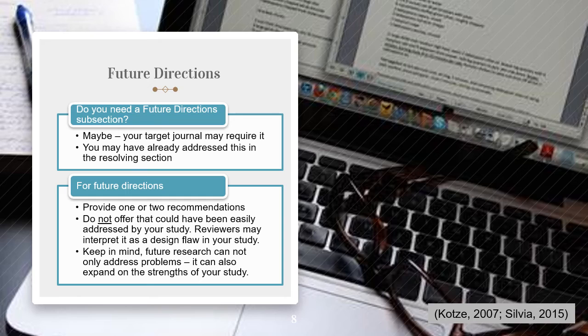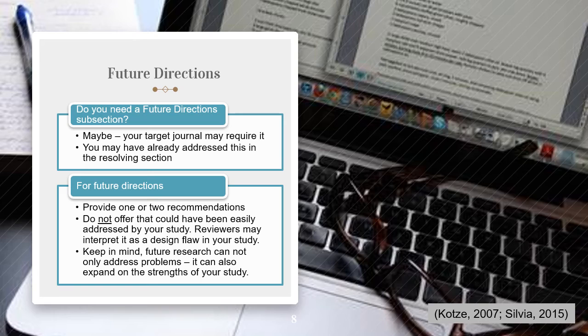If you do have a future direction subsection, you'll provide one or two recommendations. Don't provide a future direction as something that you could have easily addressed in your study. If you do, the reviewers may read it and say, well, why didn't they do this in the first place? And consider it a flaw for your study.